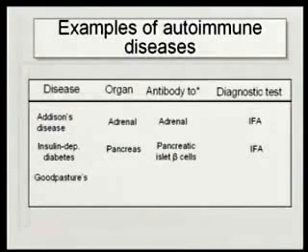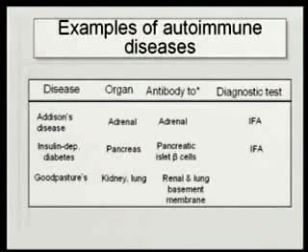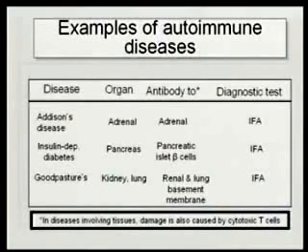Goodpasture syndrome: kidneys and lung, the basement membranes of the two organs, with renal and lung basement membrane damage, antibodies there, and indirect immunofluorescence. I'll give you some examples.